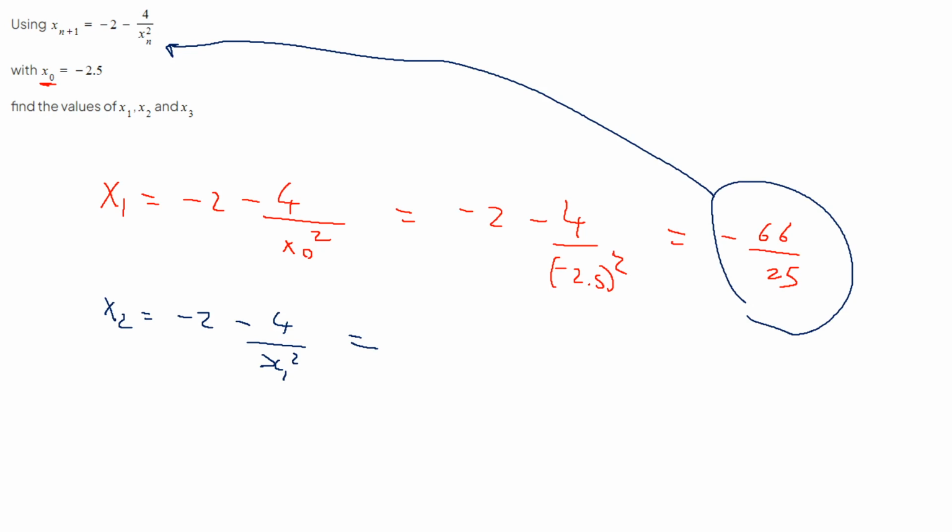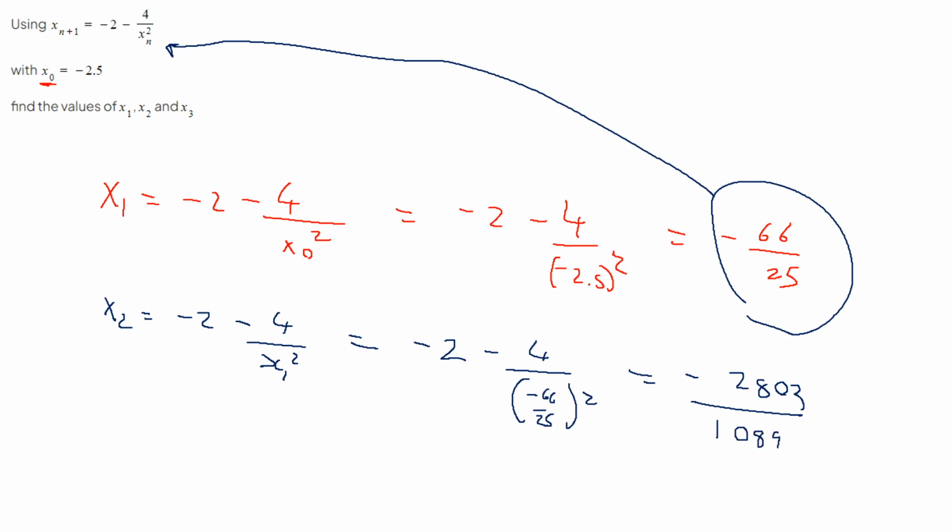And we know what x1 is. x1 is going to be minus 4 over minus 66 over 25 squared, which is equal to minus 2803 over 1089.